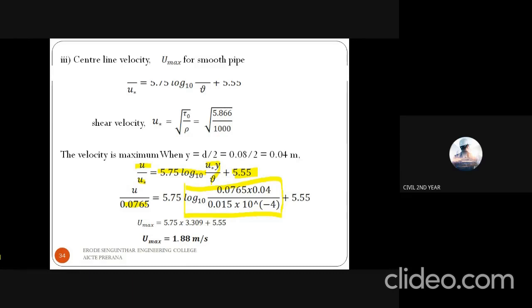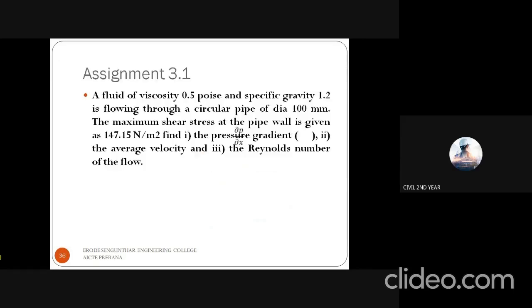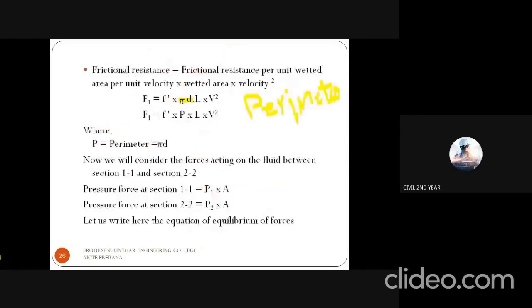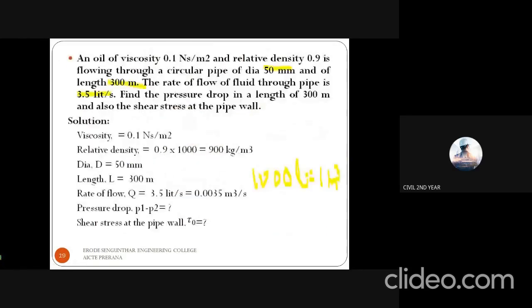When we come to the Hagen-Poiseuille equations, we found three formulas: velocity distribution of the pipe, ratio of maximum velocity and minimum velocity, and Hagen-Poiseuille expressions.